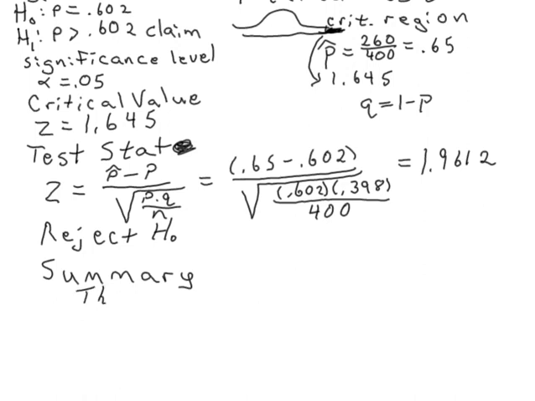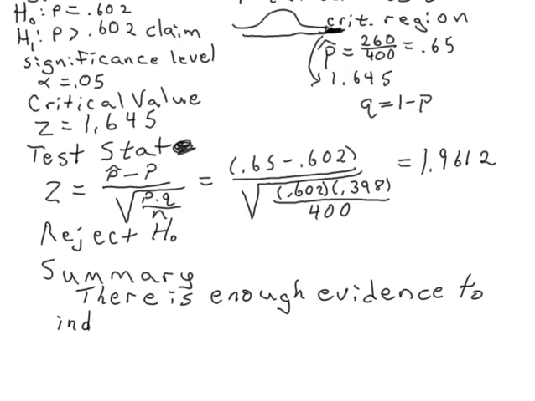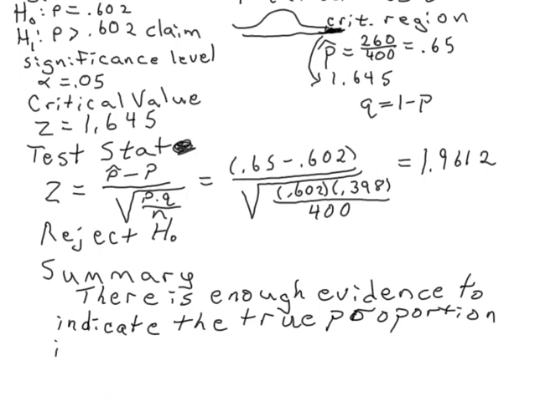So there is enough evidence to indicate the true proportion is greater than 0.602, which is indicating the warden is correct.